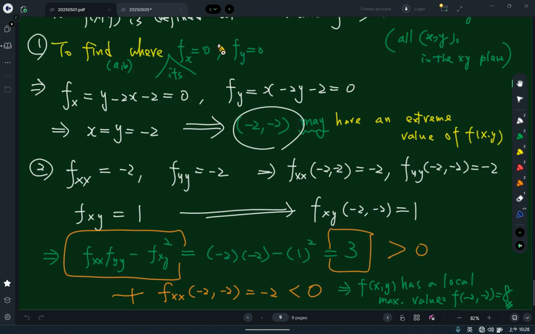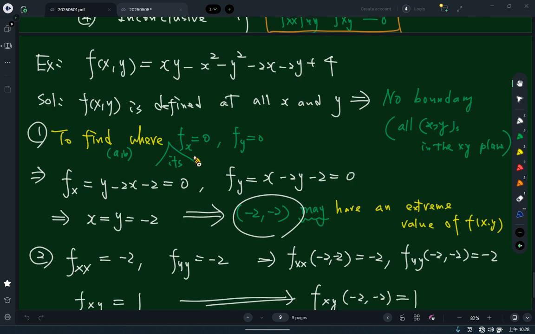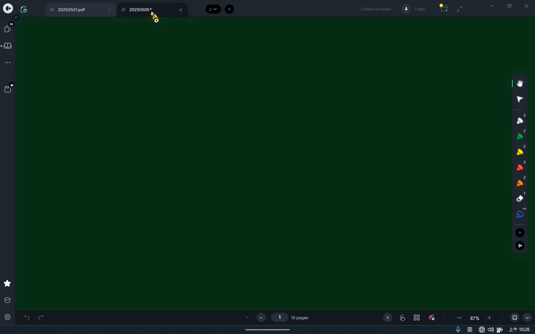So today we will continue to extend the idea. Today we will focus on absolute maxima and minima.